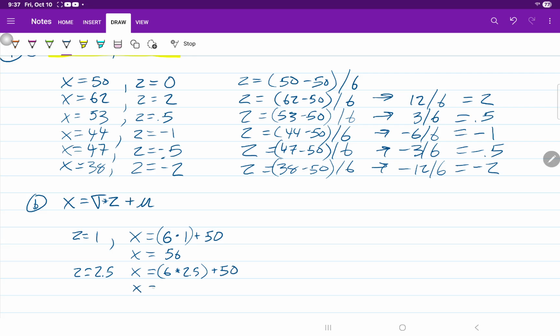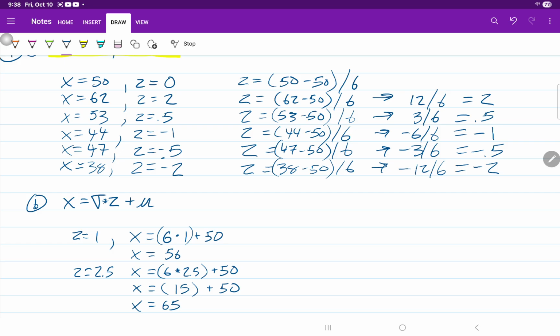In that instance, therefore, x is going to equal 65. Maybe I should have actually done that arithmetic explicitly for you. 6 times 2.5 is 15, plus 50 equals 65. So x, in this case, equals 65.